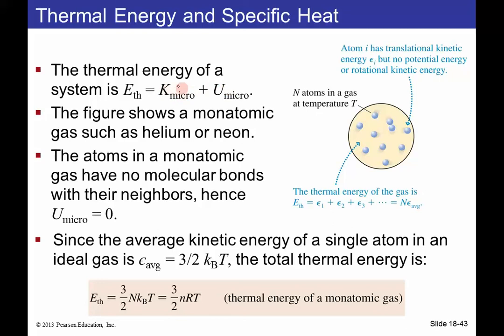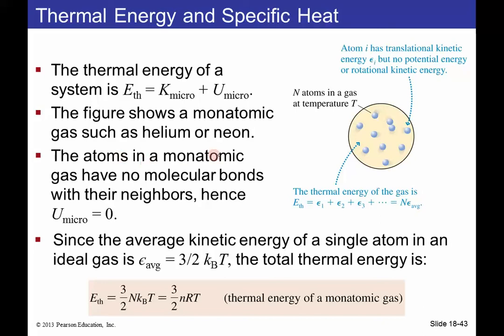So it's all kinetic energy, and if it is a monoatomic gas as opposed to a diatomic gas, then it's all translational kinetic energy. So this here would be, for instance, helium, neon, argon, gases like that are monoatomic gases, where the energy of a gas is just all translational kinetic energy.